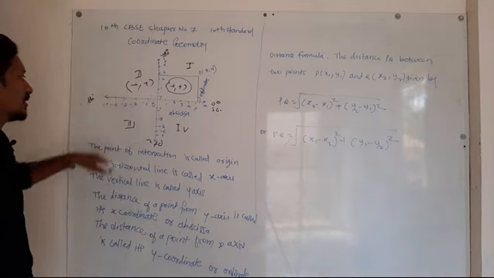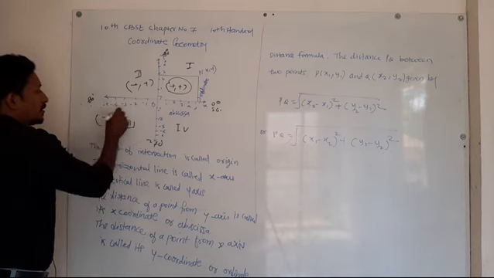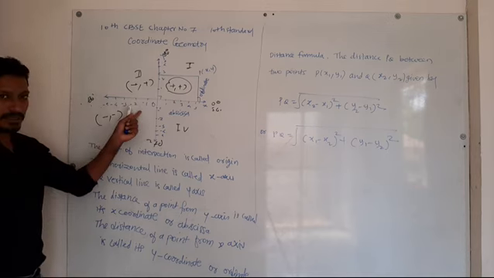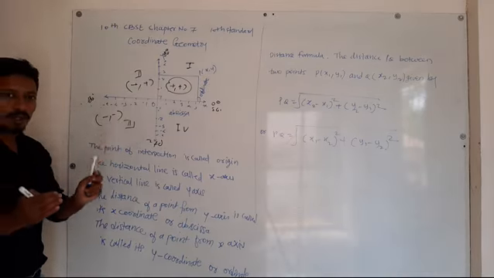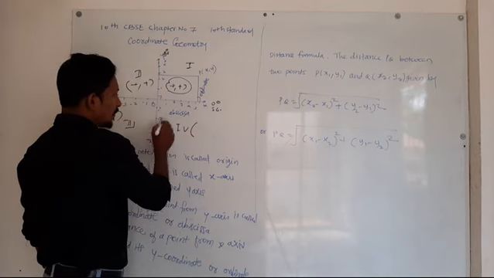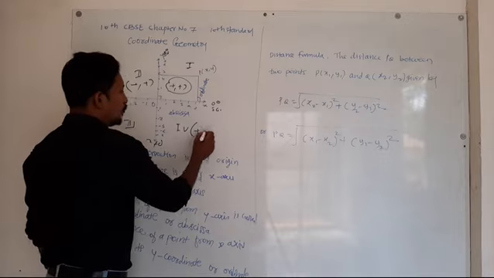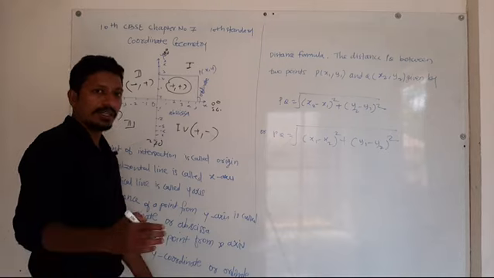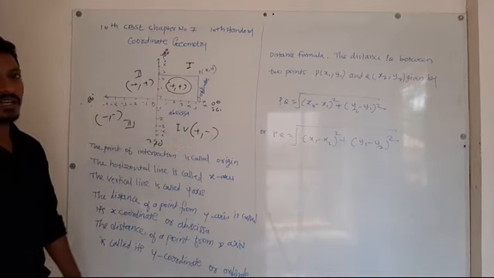In the third quadrant, the x-coordinate and y-coordinate are both negative. In the fourth quadrant, the x-coordinate is positive and the y-coordinate is negative.